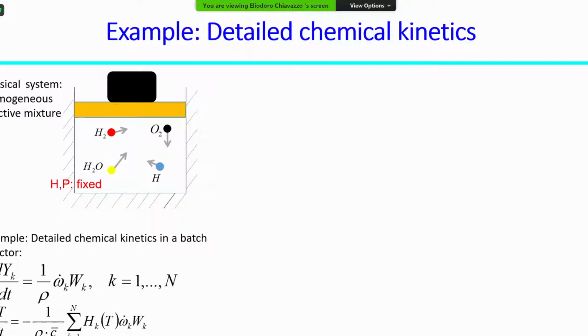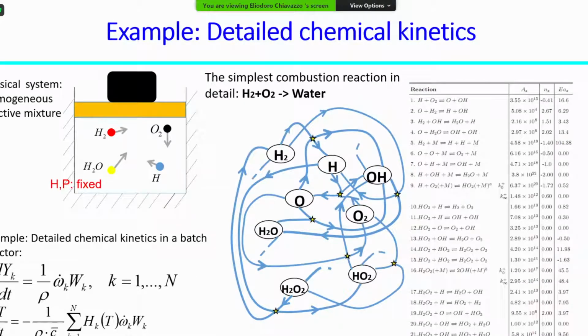We know that if we really want to get into the details, we don't have only main species like hydrogen, oxygen, and water, but we will also have a number of intermediates and radicals, and a whole bunch of elementary reactions have to be tracked. So this makes the system a bit more complex. And this is what happens for hydrogen, which is the simplest fuel.